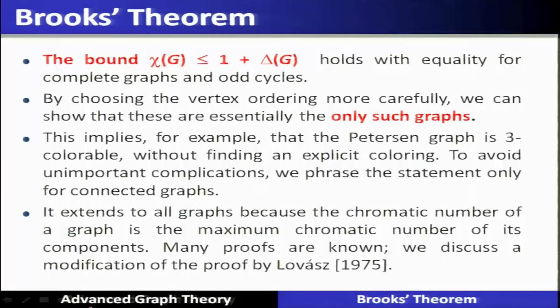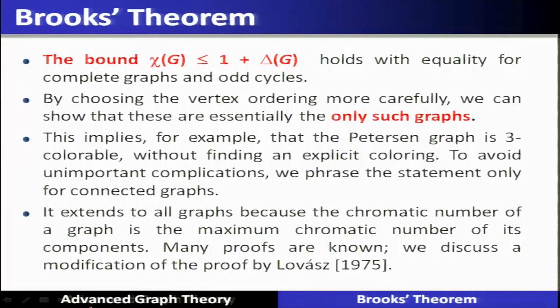Brooks theorem: let us see the background of the Brooks theorem before we state it. The bound on the chromatic number of a graph is given by 1 plus the maximum degree of the graph.